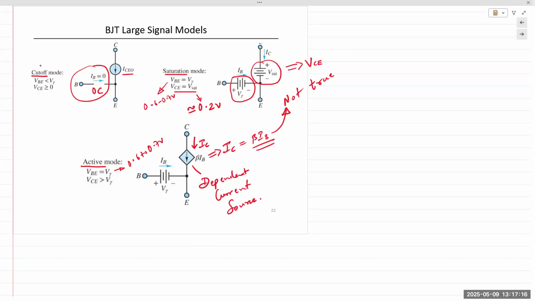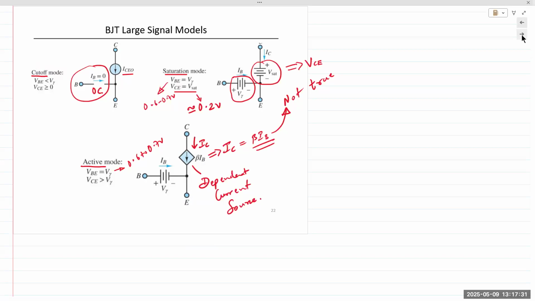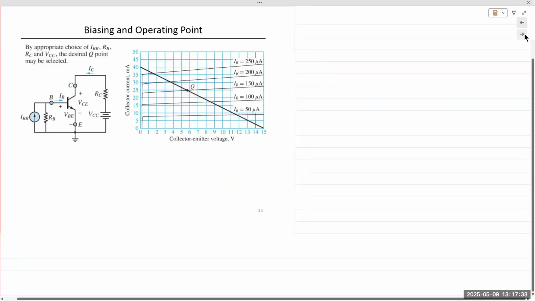Okay, now we said that depending on the biasing voltages that is applied, the mode of operation can change, right? So when we first begin and we apply DC voltage, we are trying to design a circuit with a BJT, we're applying DC voltages.